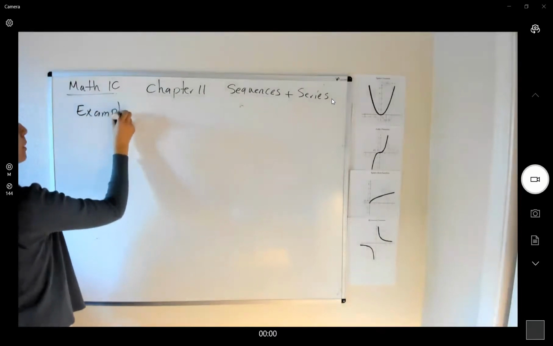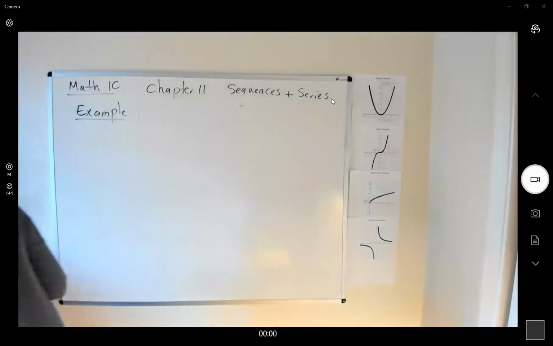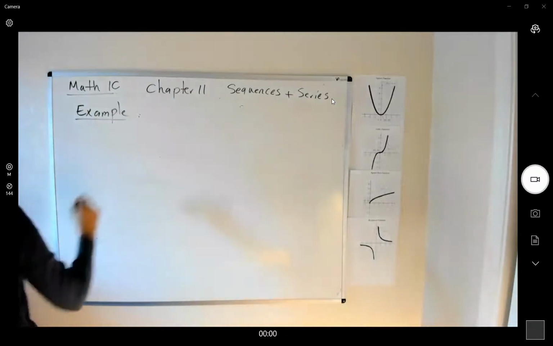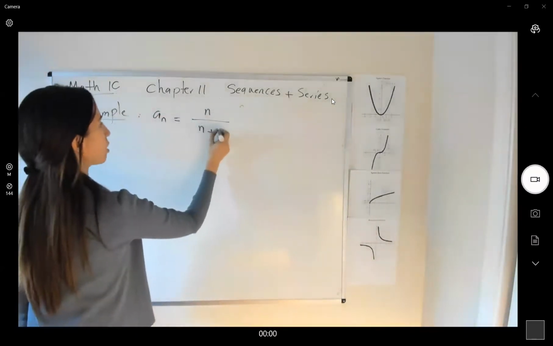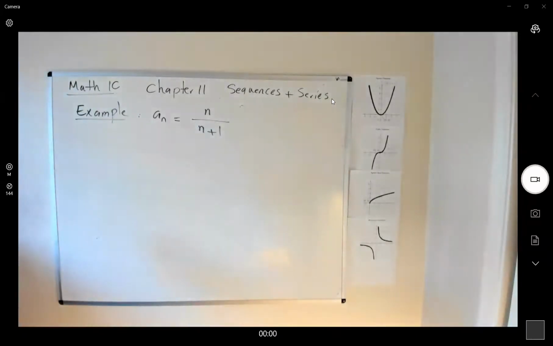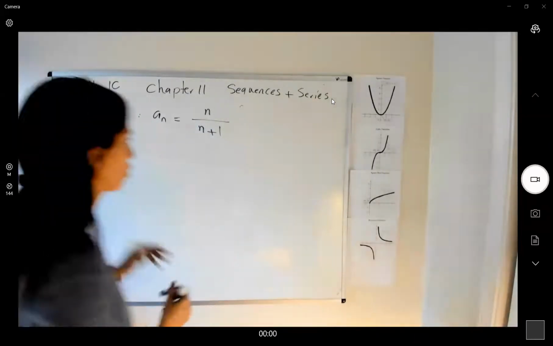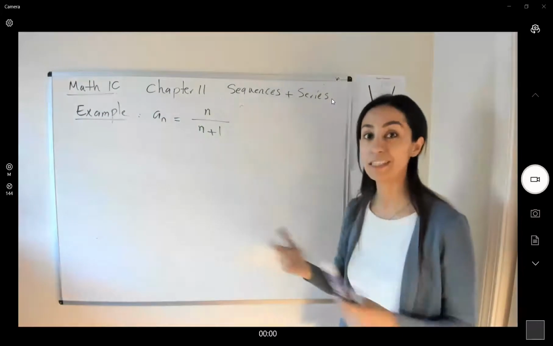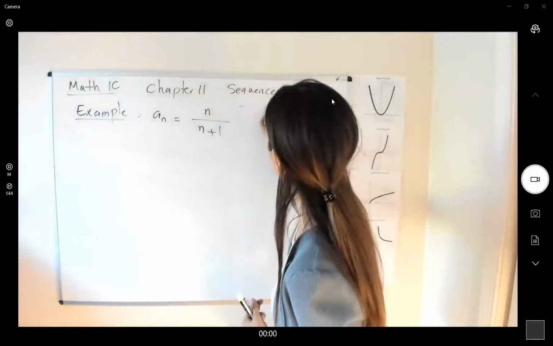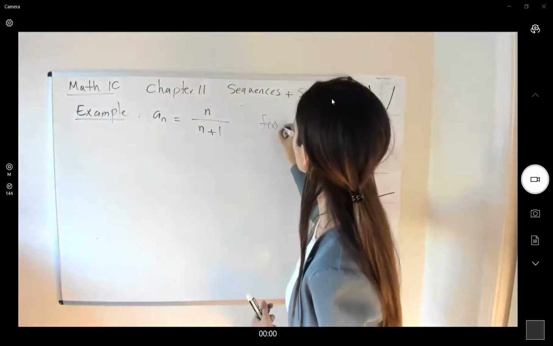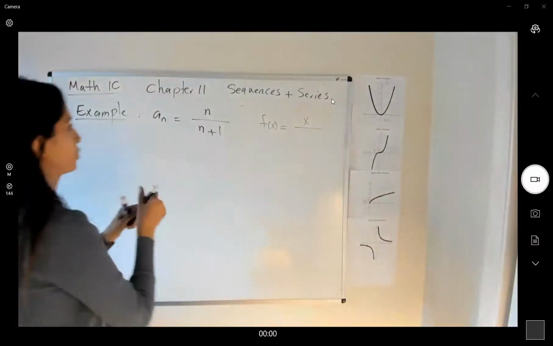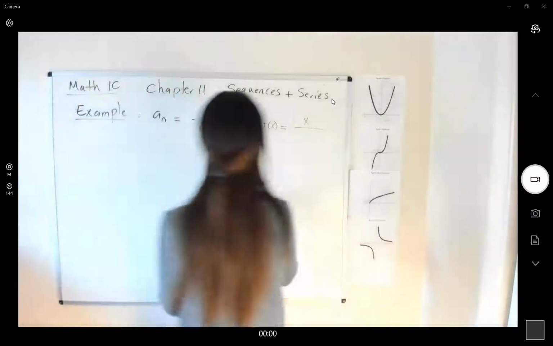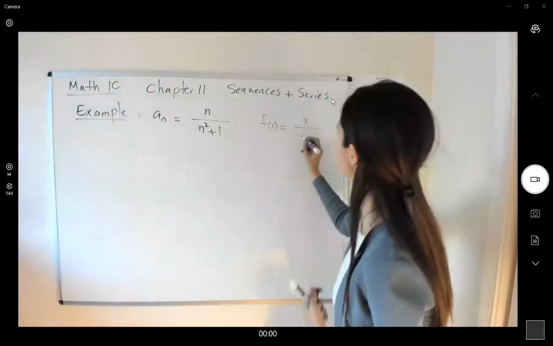So what about this sequence? Here you have a sub n equals n over n plus 1. There you go. So is it increasing? Is it decreasing? Equivalent to this sequence, you have the function x over x squared plus 1.